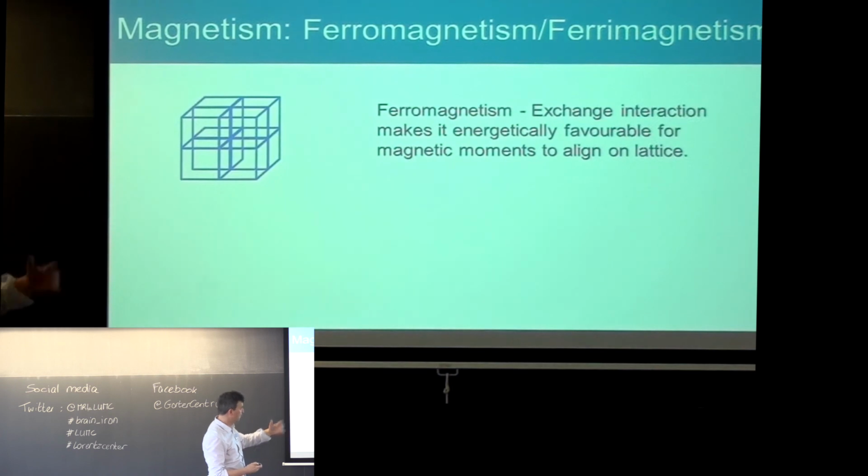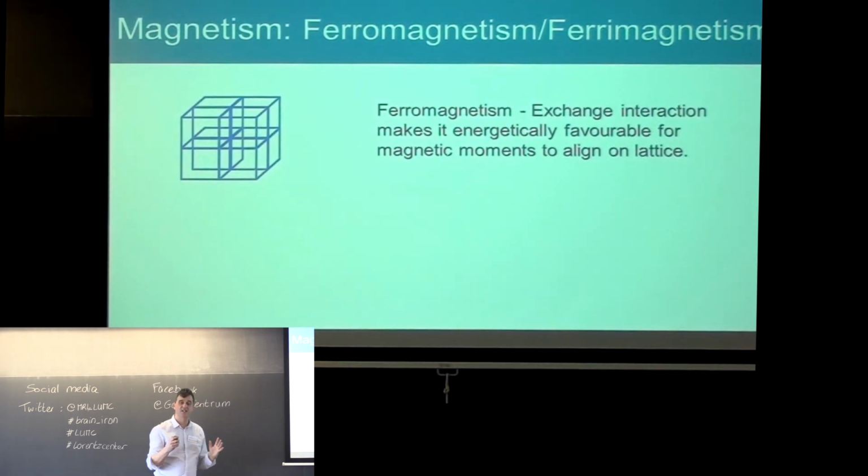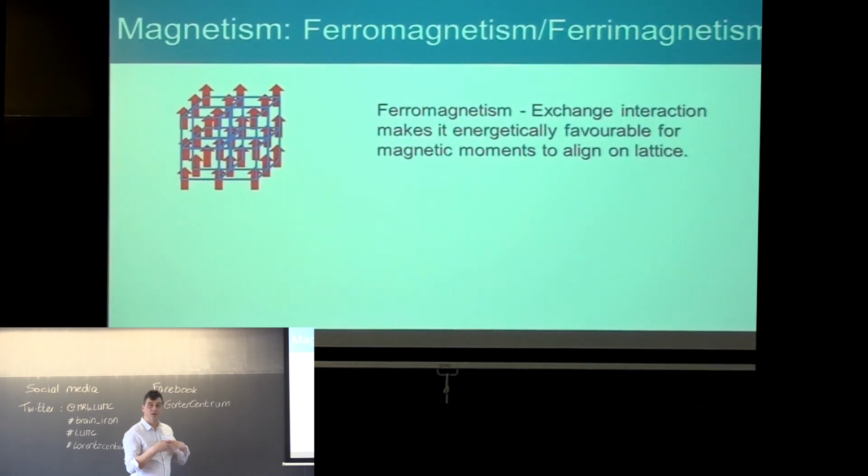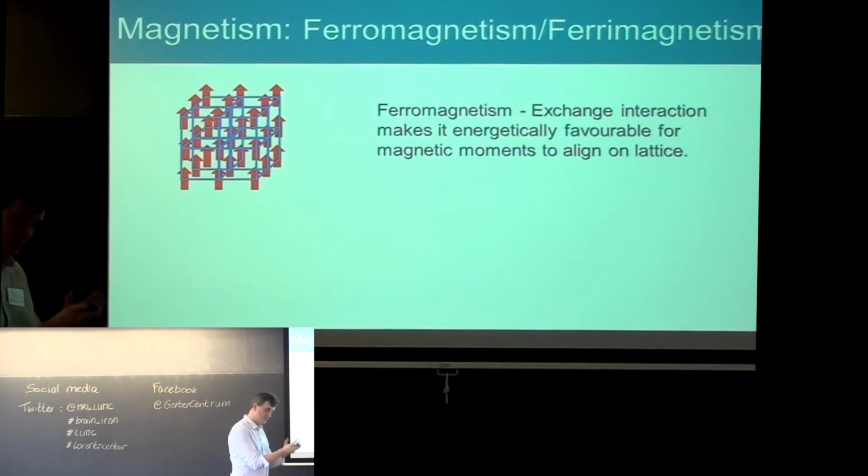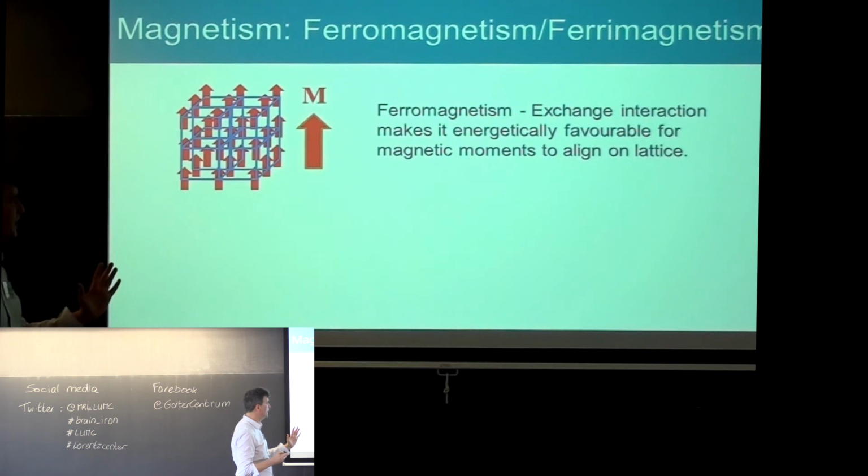Ferromagnetism results from really coherent collective effects where you end up with net alignment of the majority of the magnetic moments of systems. So usually in a solid system, alignment on a lattice gives you a strong magnetisation.